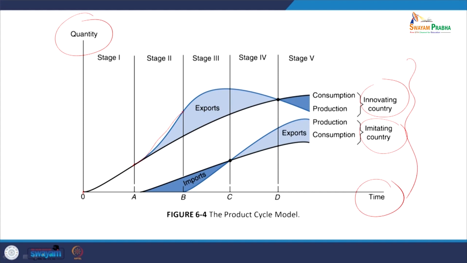So, therefore, their net addition to export is higher and positive, and they keep on optimizing their products till the time another country starts. When the first country, the innovating country, exports, the imitating country actually imports. The extent of import is equated with the exporting countries. Now, it reaches a maximum point and then there is a depleting point.